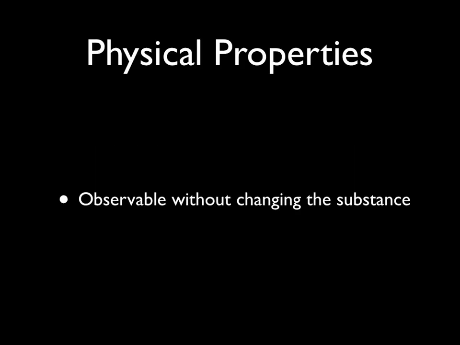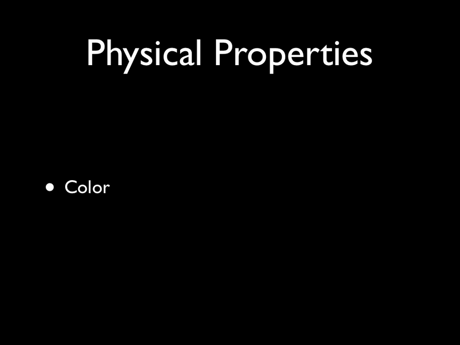So if we're talking about properties of matter, we're first going to describe physical properties. Physical properties could be described as observable without changing the substance. So things that you can record using your senses would be considered physical properties. Color would be an example of a physical property.